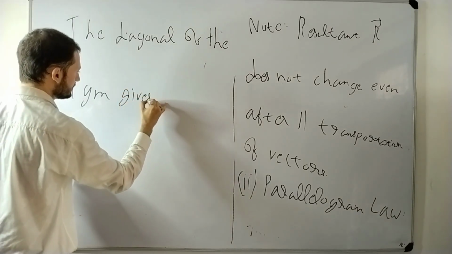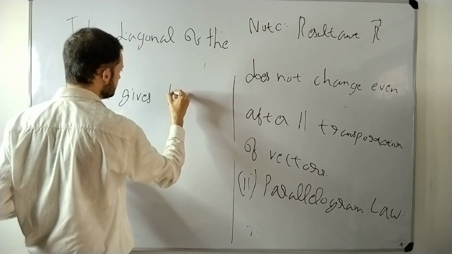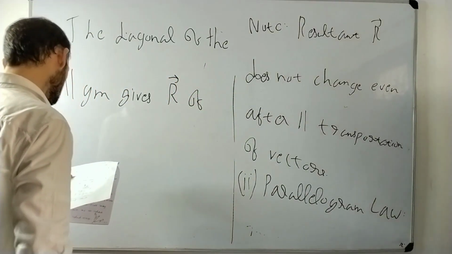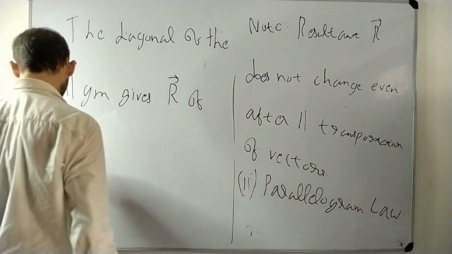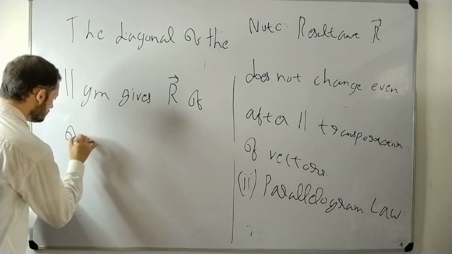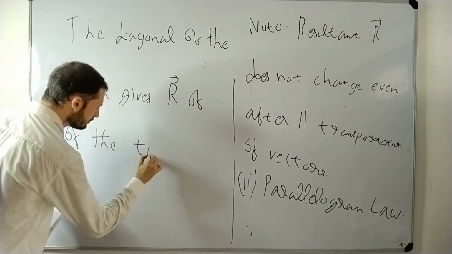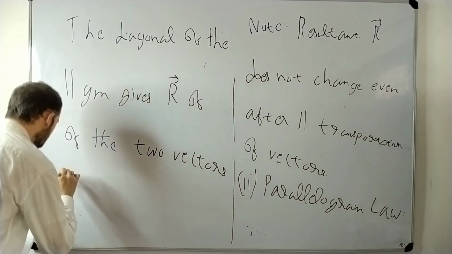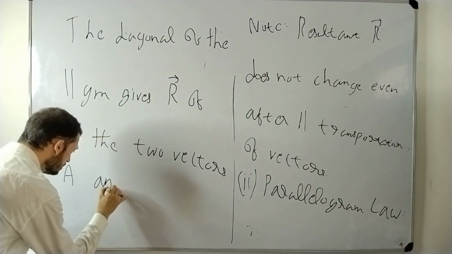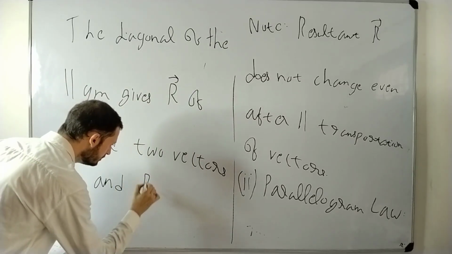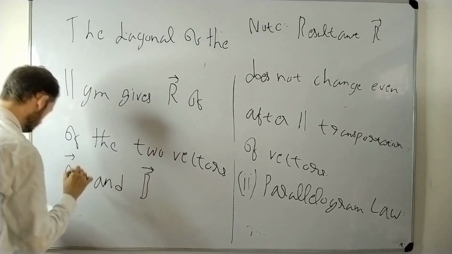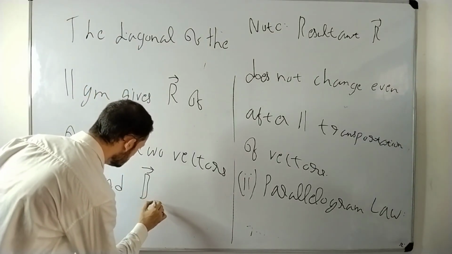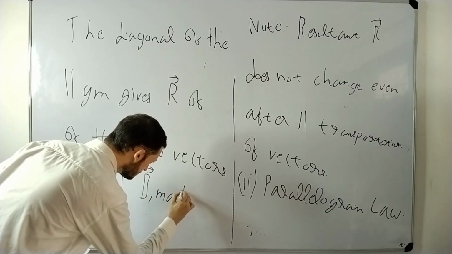Yes, the resultant R of the two vectors A and B, making an angle theta with them.